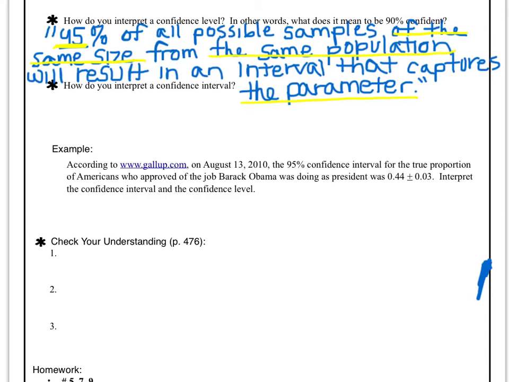Okay, then the interval. So to interpret the confidence interval, we say things like this.